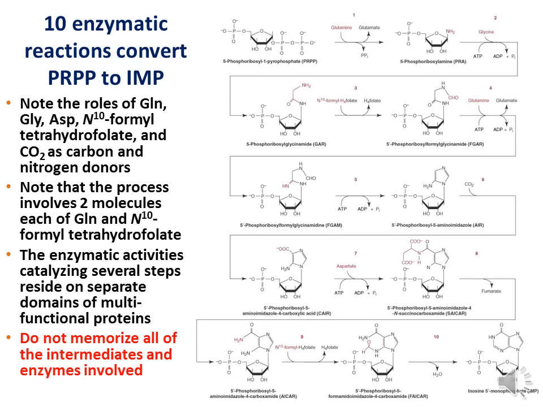You should also know that some of the enzymatic activities involved reside on separate domains of multifunctional proteins. Please do not memorize all of the intermediates and enzymes involved. The enzymes for which you are responsible from this lecture are listed in the study guide.